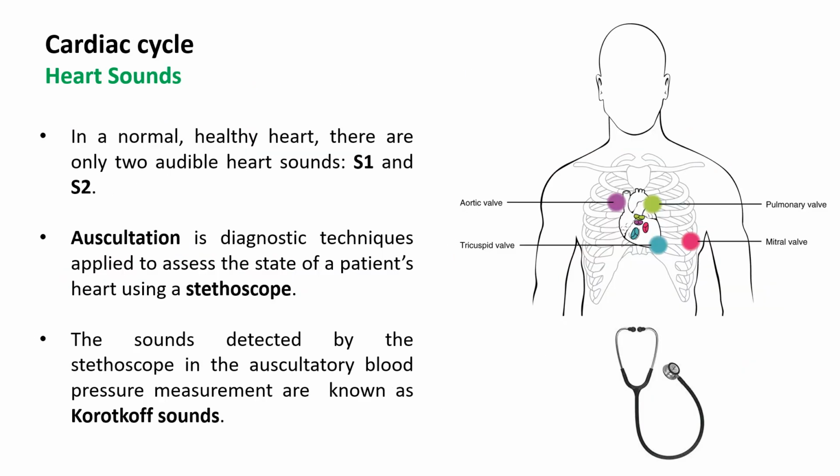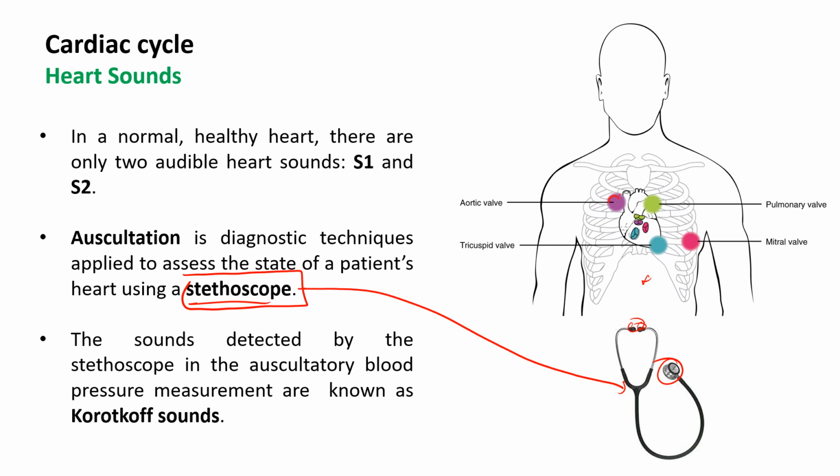Now, the sounds that we can hear with the stethoscope, this device that you put in your ears, I'm pretty sure you're familiar with it. This is what we're going to use to listen to the heart and the sounds of the heart. In these pictures, you can see different points that we normally use to evaluate specific valves, or specific areas where you can hear the valves easily or better.